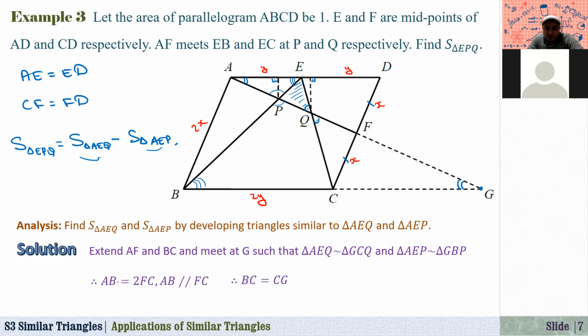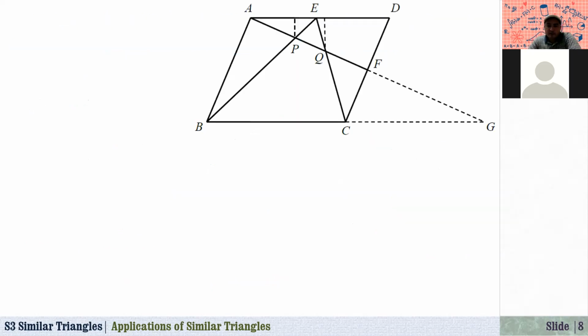So AB is equal to 2 times FC, and AB is parallel to FC. And that's why BC is equal to CG, because x over 2x should be equal to 2y over BG, so it should be 2y.